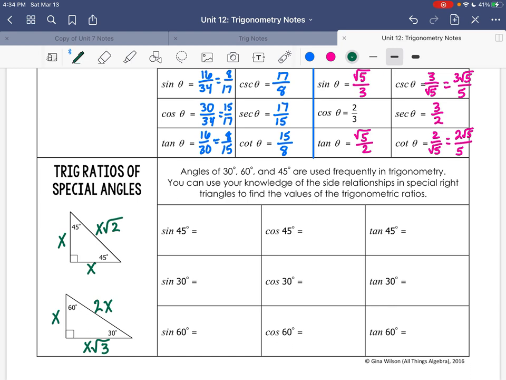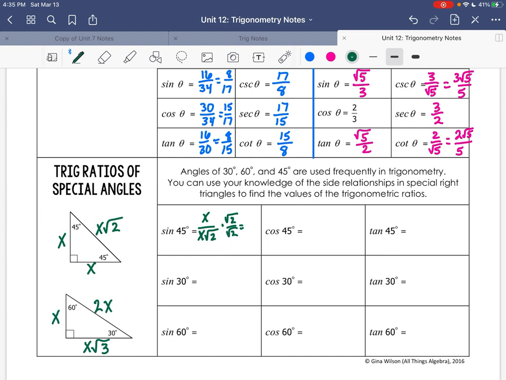So the sine of a 45-degree angle, you would have the x, so it doesn't matter, they're both x, over the hypotenuse, which is the x square root of 2. Well, we cannot leave that. So we have to multiply both the top and the bottom by square root of 2.